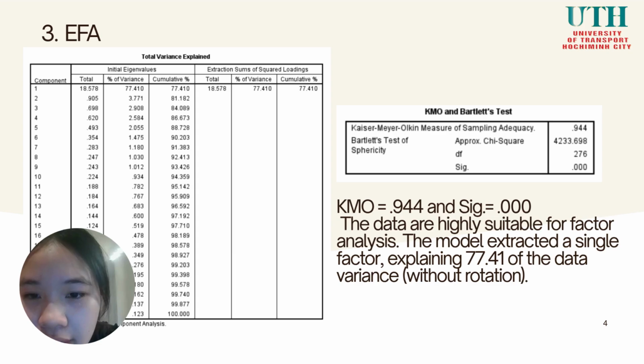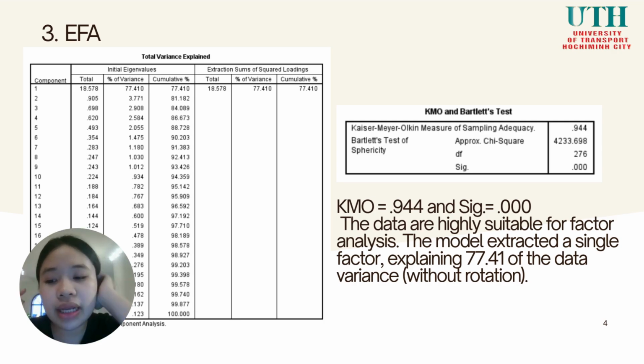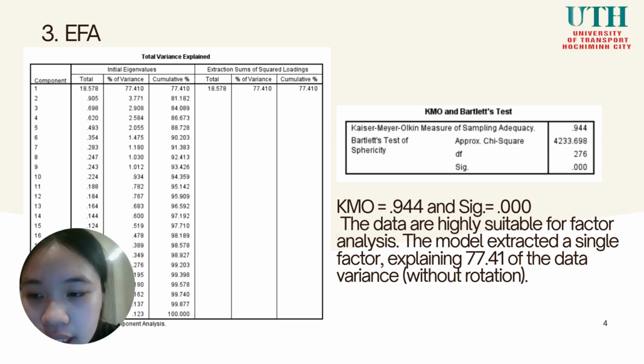The KMO measure of sampling adequacy is 0.944, which is excellent. Additionally, Bartlett's test of sphericity is statistically significant, p less than 0.001, meaning the data is entirely suitable for EFA.